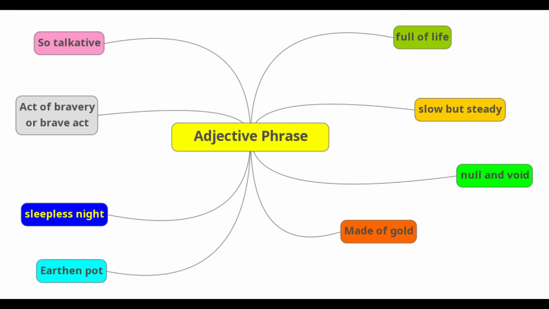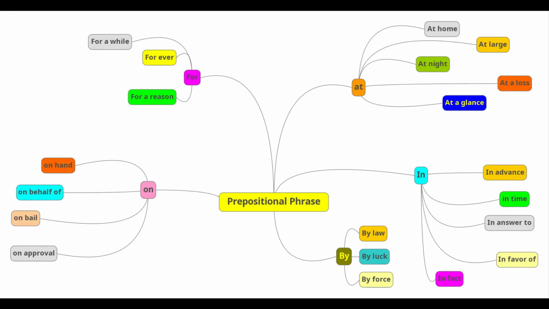Some more examples of prepositional phrases I will discuss here. Suppose preposition at: at home, at large, at night, at a glance. Many more are there. Take in preposition: in advance, in time, in favor of, in answer to.